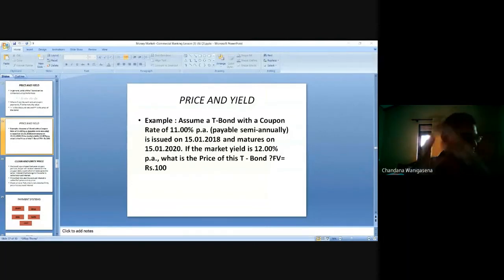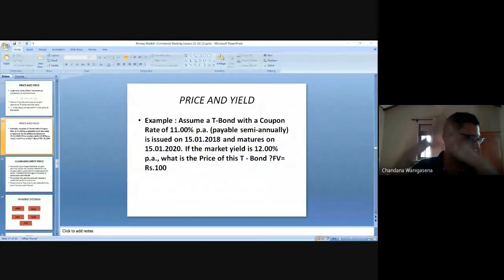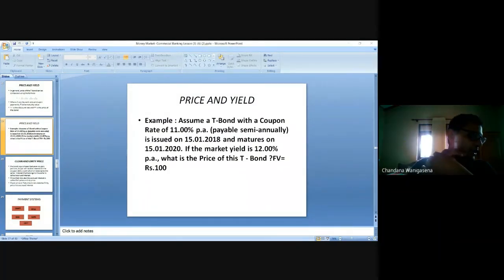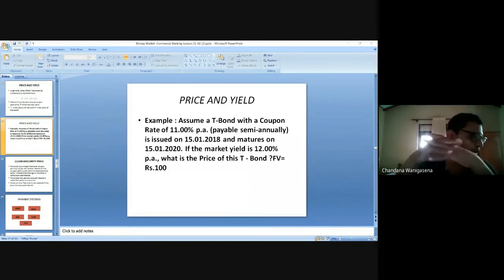So usually in the class we do this sum on the whiteboard, but since I do this lecture from home, we don't have that facility. But anyway, next week with the notes I'll send you the full answer, so that you have the calculation and the full answer to understand it further.